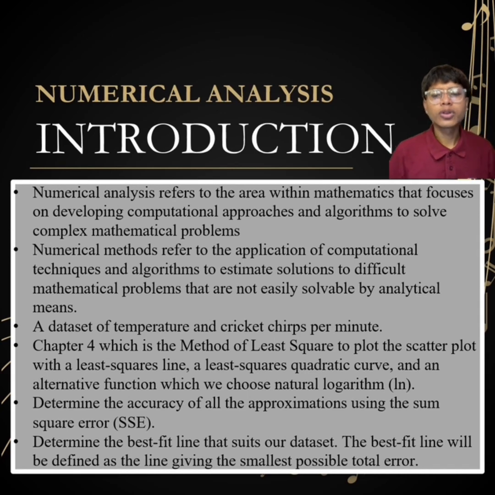At the end of our project, we must determine the accuracy of all the approximations using the sum square error, which is SSE. Our goal in this research is to determine the best fit line that suits our data set. The best fit line is defined as the line giving the smallest possible total error. Therefore, using the SSE, we will find the best fit line in our data set.